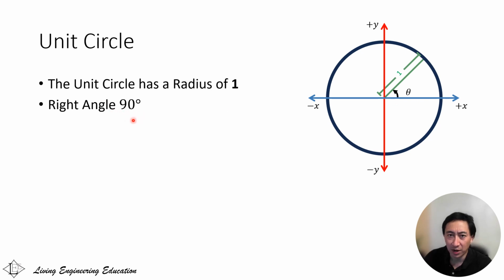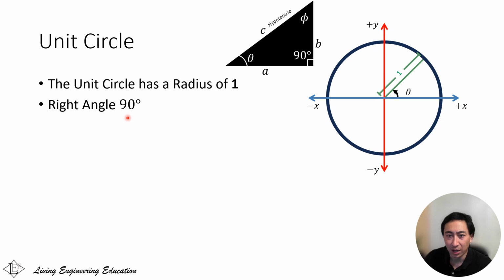Remember what we defined as 90 degrees, right? In the previous video, we looked at a right triangle, and we said when we have a horizontal line intersecting a vertical line, we have a 90-degree angle that's created there, right? 90-degree angles are very useful. It's a good reference point.